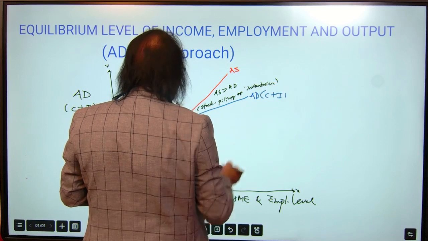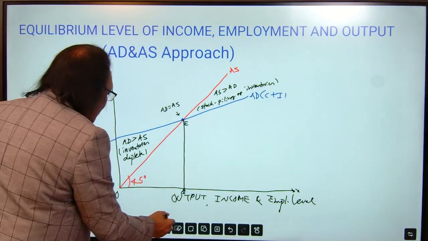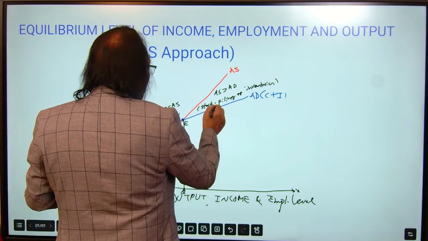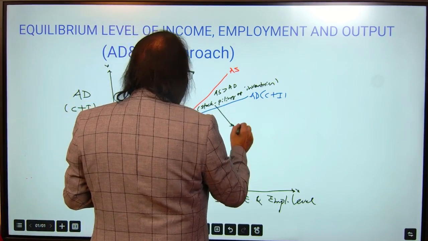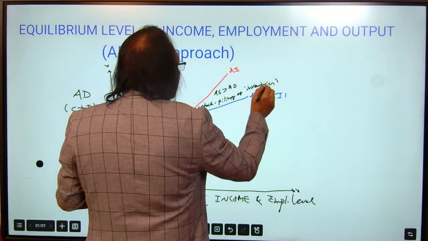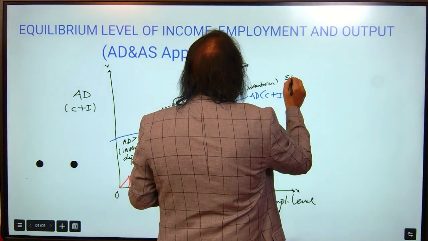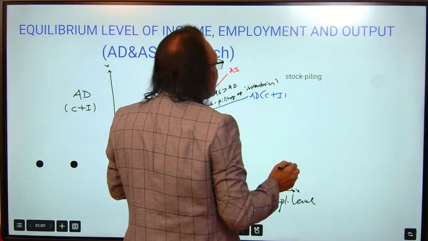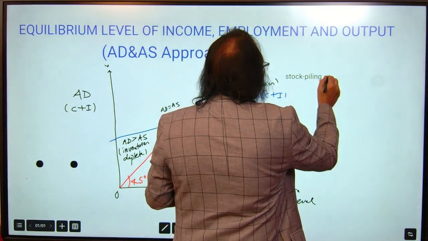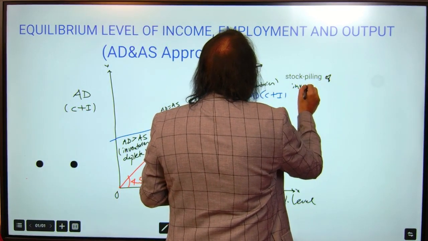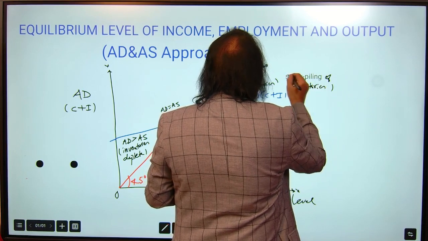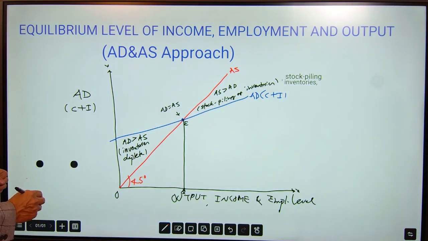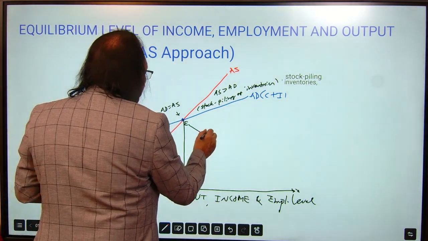You can say here, stockpiling of inventories, and here they deplete. Okay, this is the point here, E.